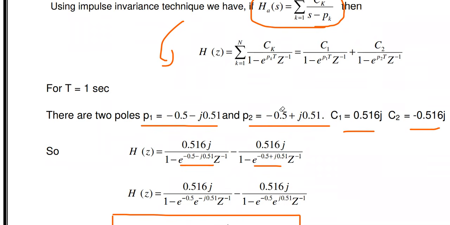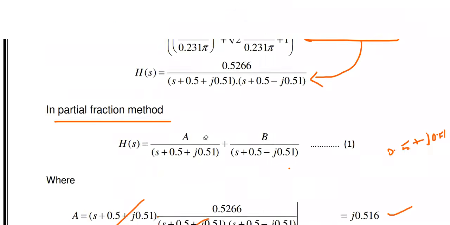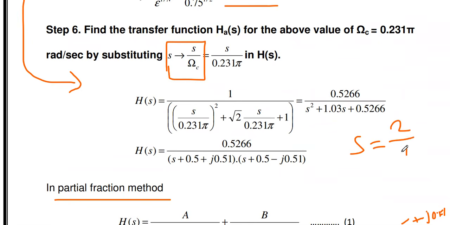Okay, if it is a bilinear transformation, simply, there is no need to take the partial fraction and so on. From this H of s equation, instead of the variable s, you just substitute 2 by T, 1 minus z inverse by 1 plus z inverse in the place of s, and if you rearrange, we can get the digital transfer function.